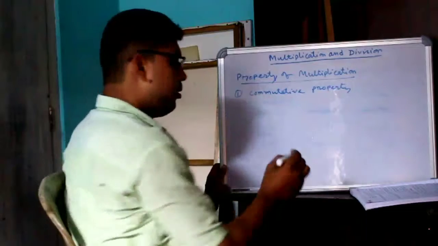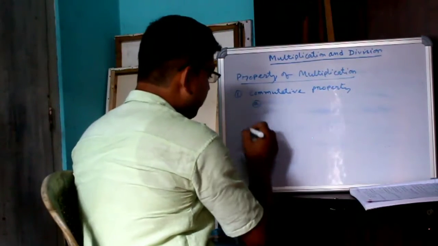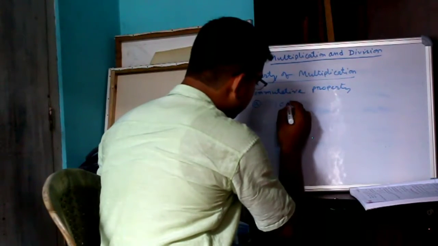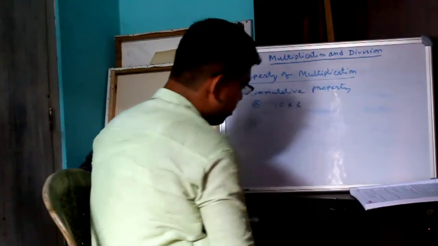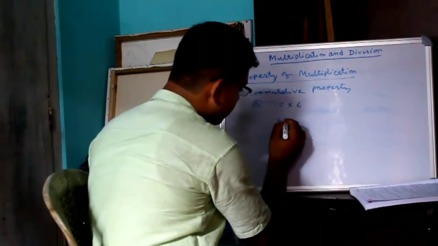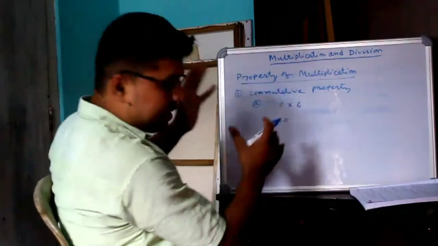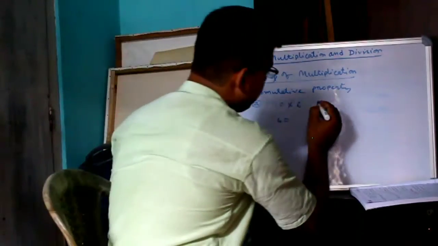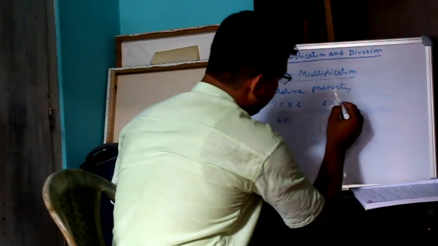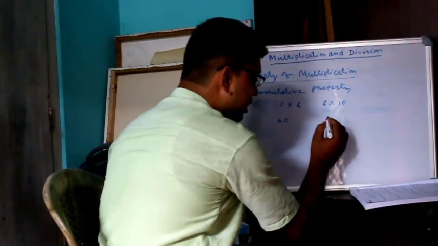See, example. If we multiply 10 into 6, we will get 60. But if we multiply with changing their positions, then 6 into 10, then also we will get 60.